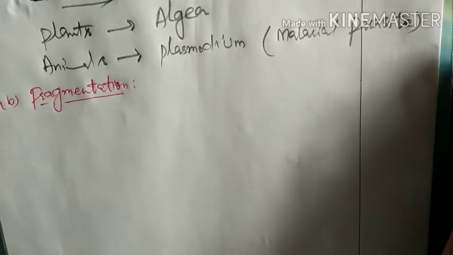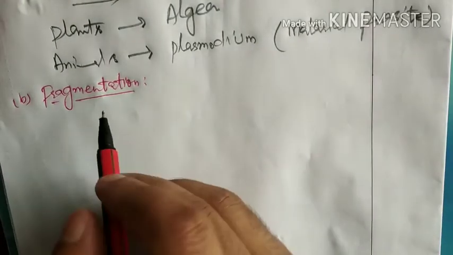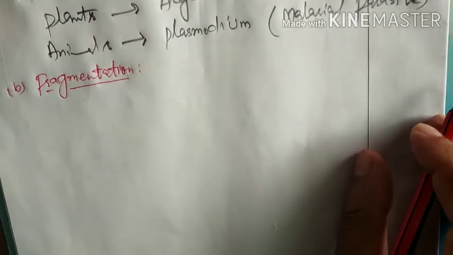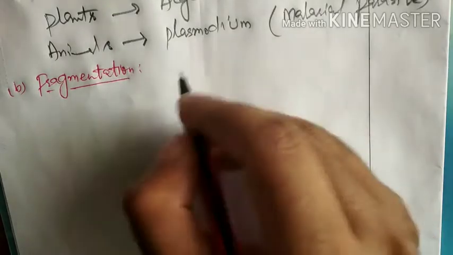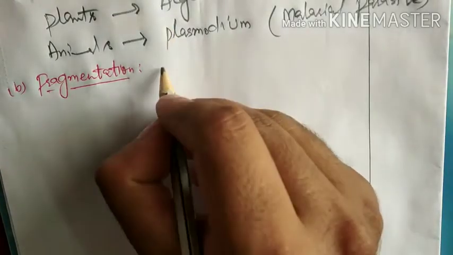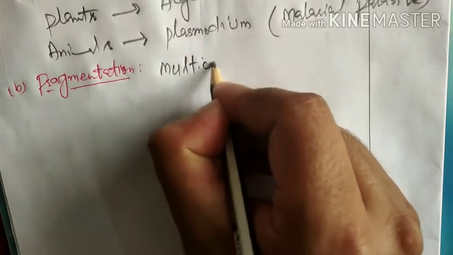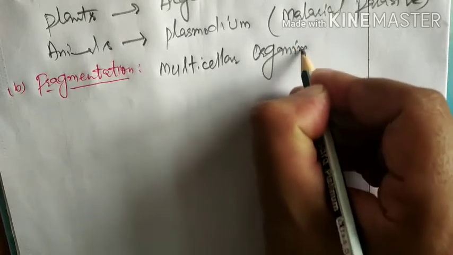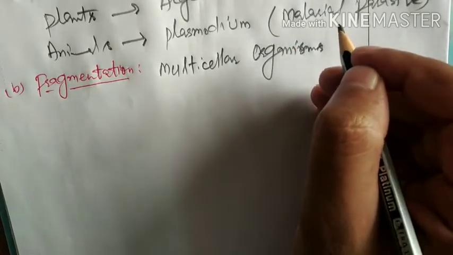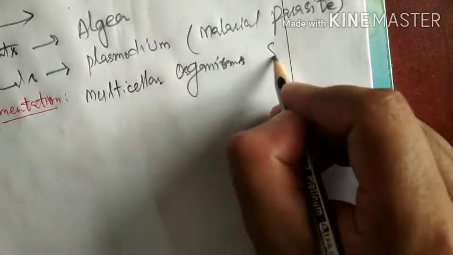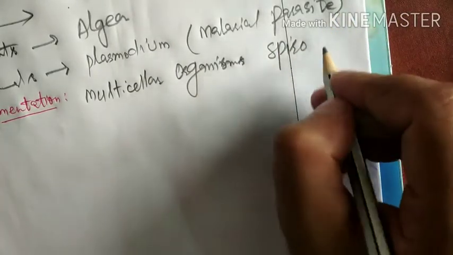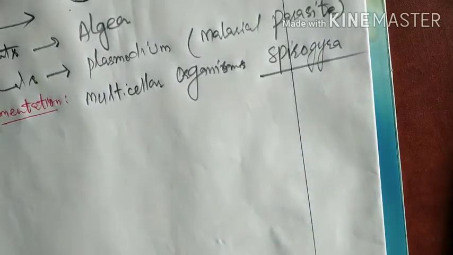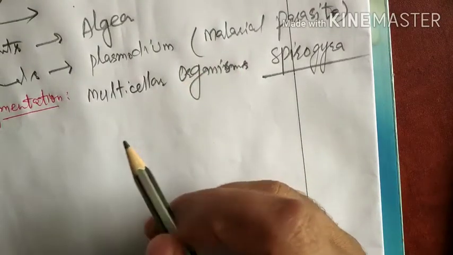Our next mode of asexual reproduction is fragmentation. In fragmentation, we see this process in multicellular organisms, like Spirogyra. It is a filamentous algae.